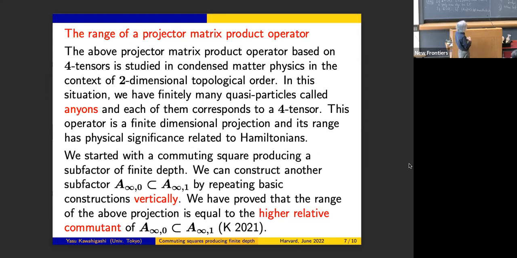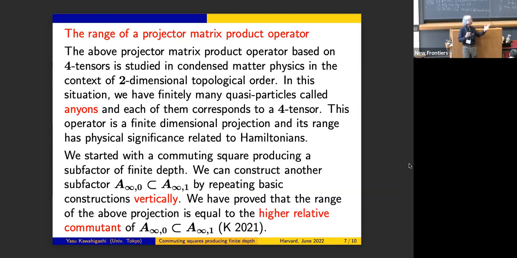So we started with a commuting square producing a subfactor in this setting of finite depth. Then we can construct another subfactor. Initially we applied repetition of the joint basic construction horizontally, but the situation is symmetric for vertical and horizontal directions. So we can also apply the vertical basic construction to get another subfactor, A infinity 0 and A infinity 1.